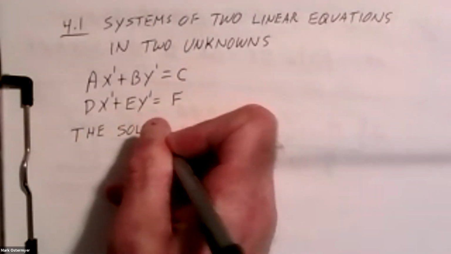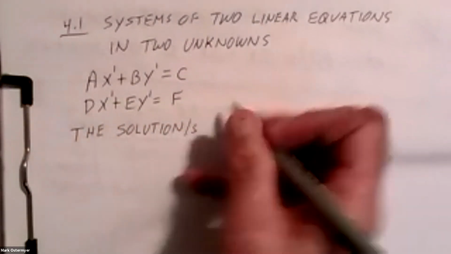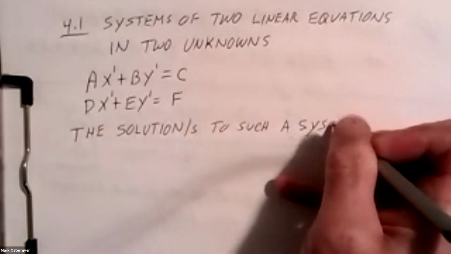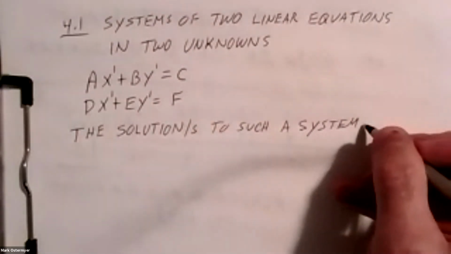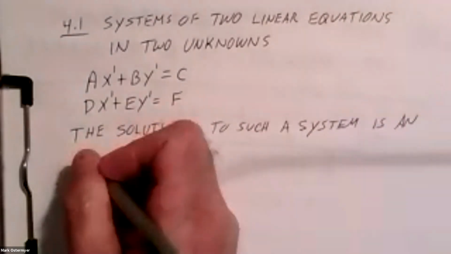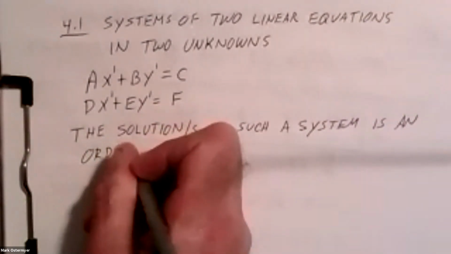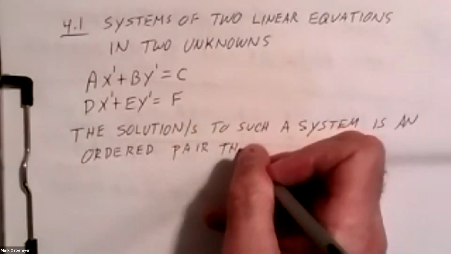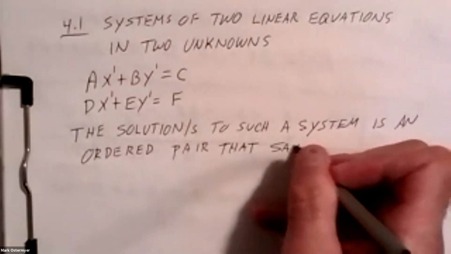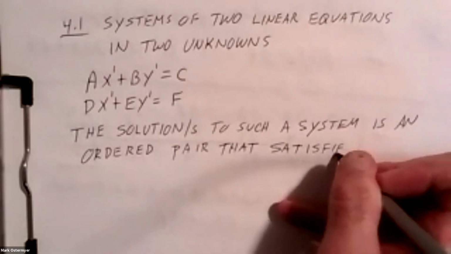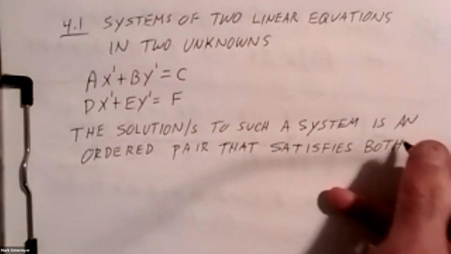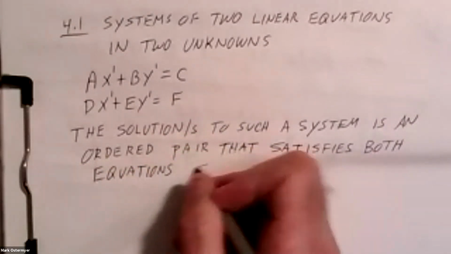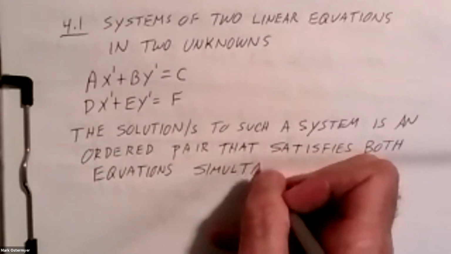The solution or solutions to such a system is an ordered pair that satisfies both equations simultaneously.